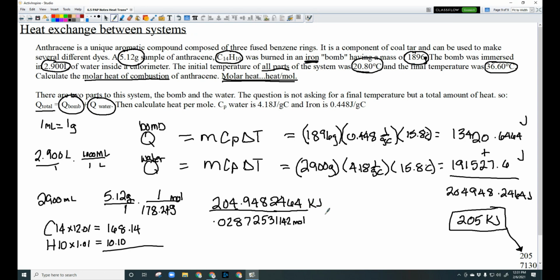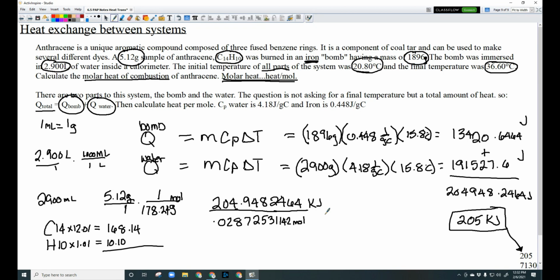Because this is not my final answer, I don't want to round that yet. That may change it up just a little bit. Let's see if it does. I got close to what I have written down there as the correct answer, but it was a little bit off. So I want to see if I'm going to get closer.